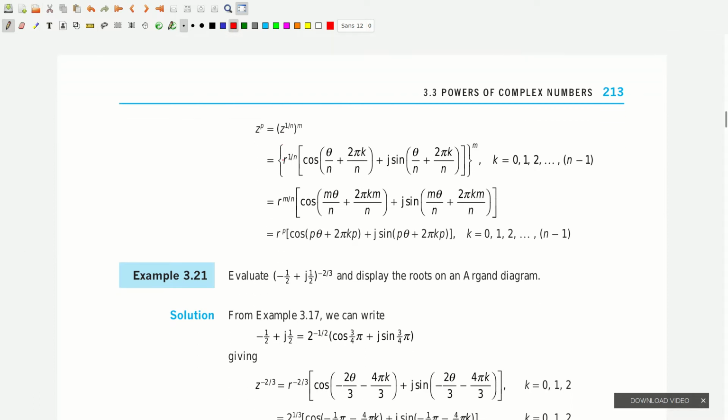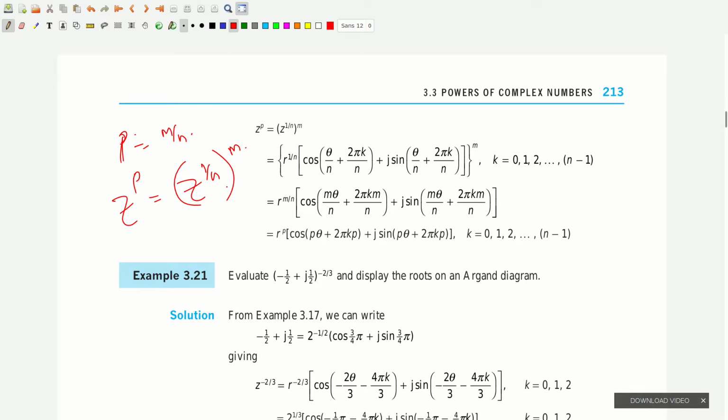So we can say that z to the p, since p is m/n, can be written as z to the 1/n, all to the power m. So we first find the nth root, and then we power it to m.